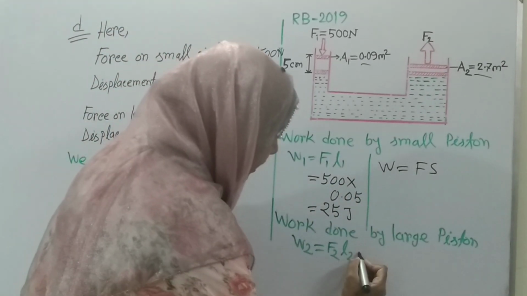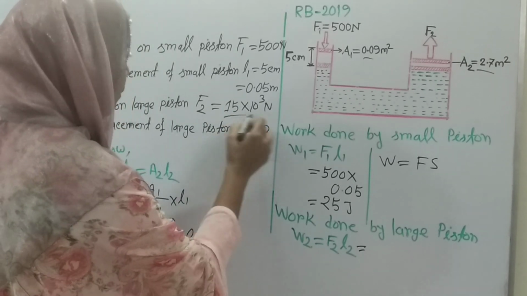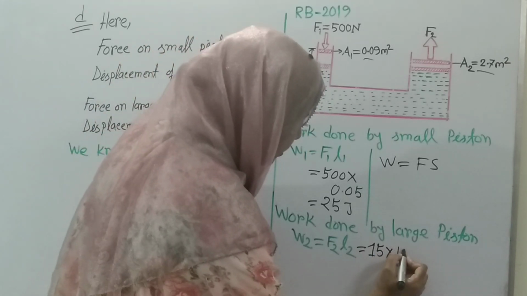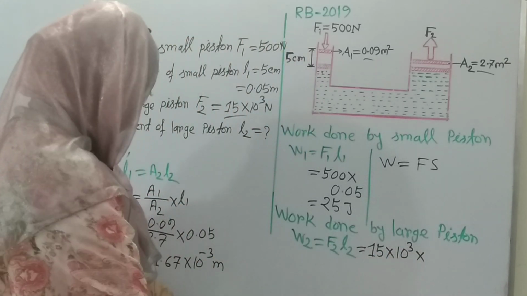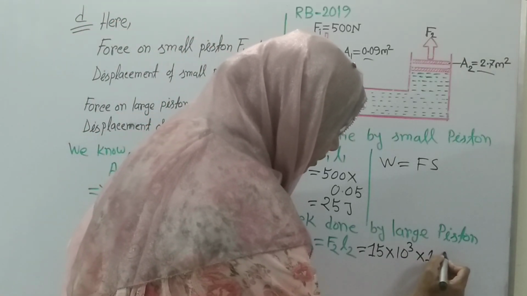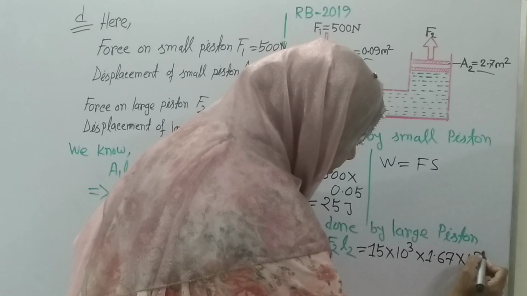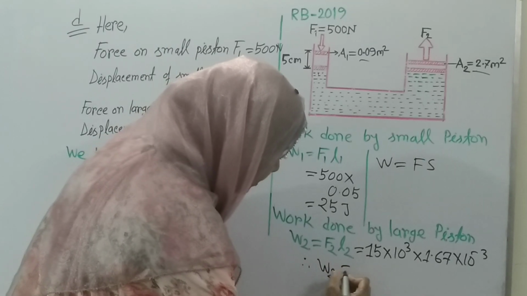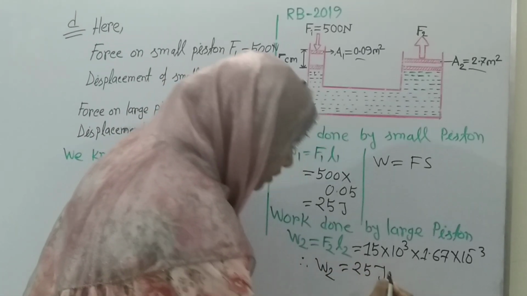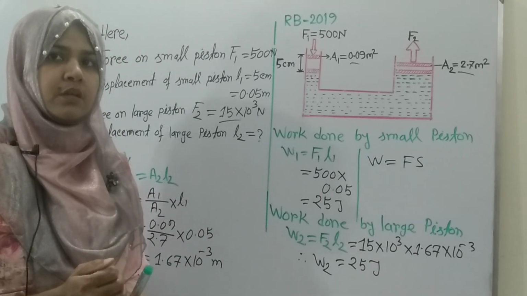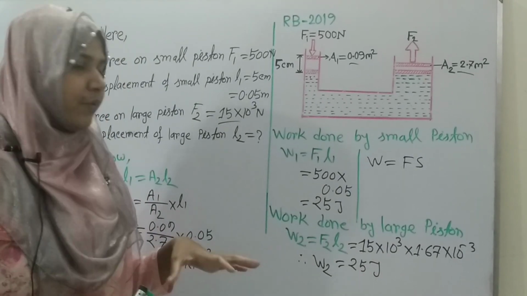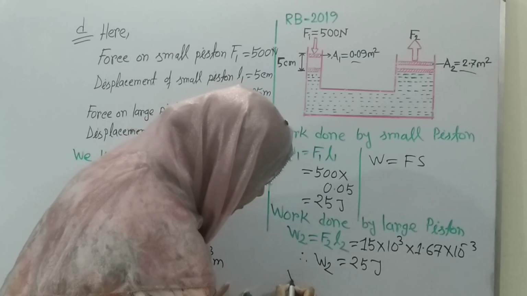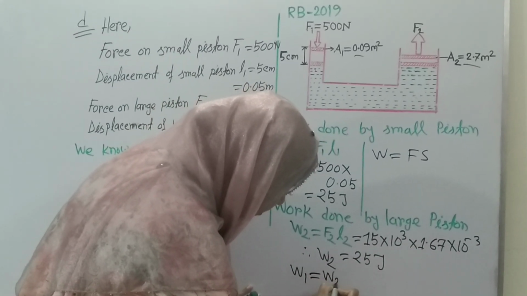Now as the value of F2 is 15 into 10 to the power 3 and the value of L2 is 1.67 into 10 to the power minus 3, after calculating it, you will get the answer W2 is also 25 joule. So we can say that the work done by both pistons is equal. That means W1 equals W2.